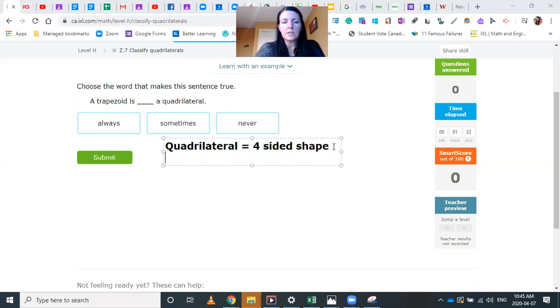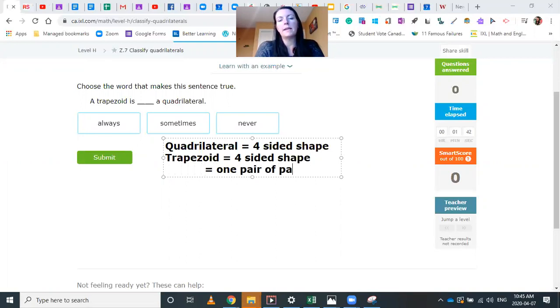So what is the definition of a trapezoid? Trapezoid is also a four-sided shape, but with a trapezoid, you need to also have one pair of parallel sides.